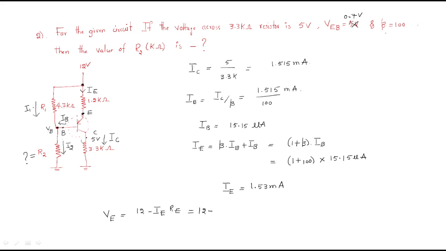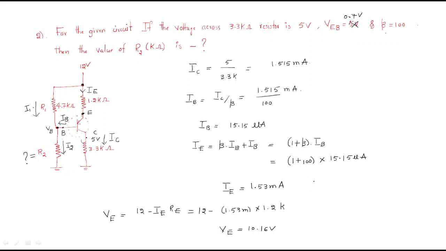What is IE? 1.53 milliamps is IE, and RE is 1.2K. By doing the calculation, we will get the emitter voltage as 10.16 volts. Why are we finding this emitter voltage? In order to find out the base voltage.